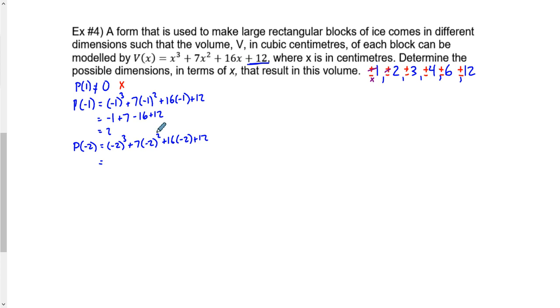Negative 2 cubed, 7 multiplied by the negative 2 squared, plus 16 times negative 2. Yep. That comes out as 0. You get a mark for that. Literally, just put it in your calculator. I'm good with that.